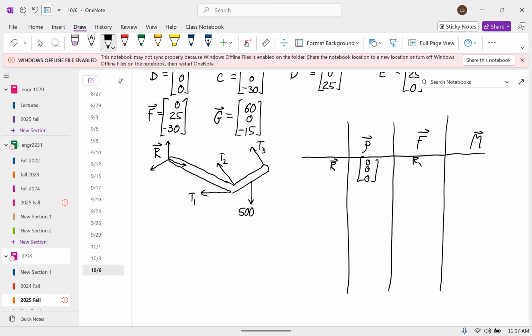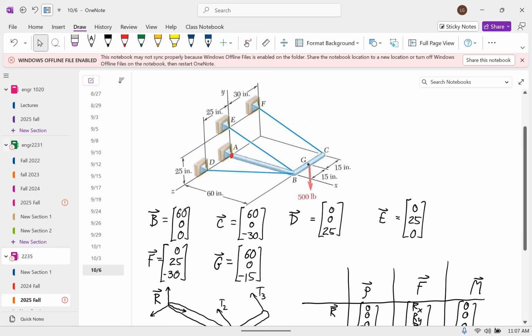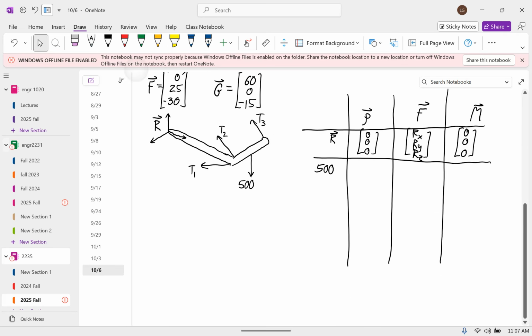The forces are X, R, Y, R, Z. Cross product is 0. Then the 500 Newton force, that acts at G. So the row vector is 60, 0, negative 15.